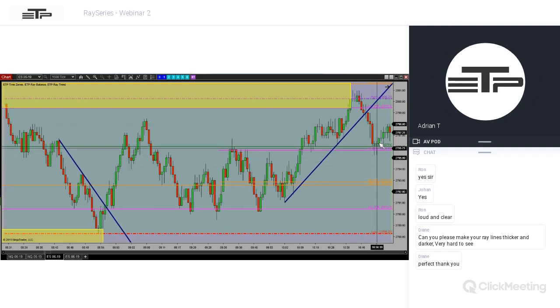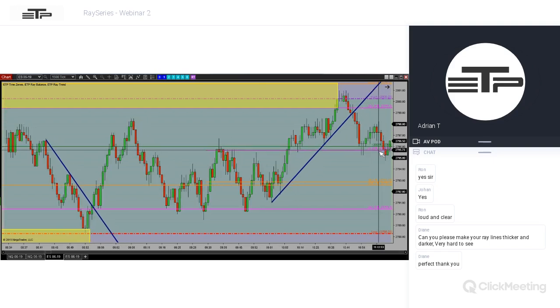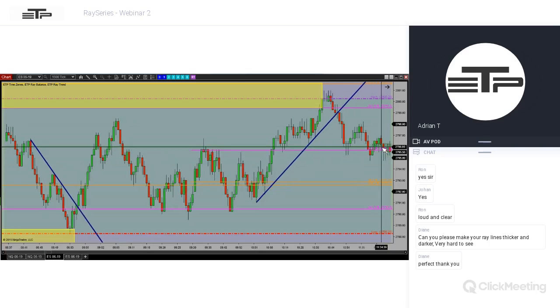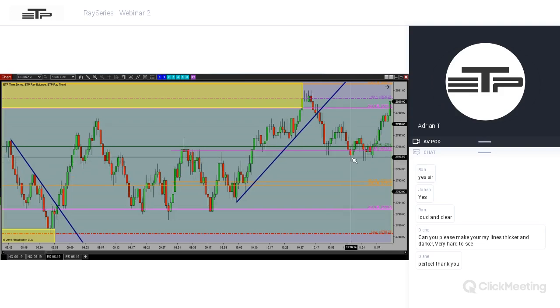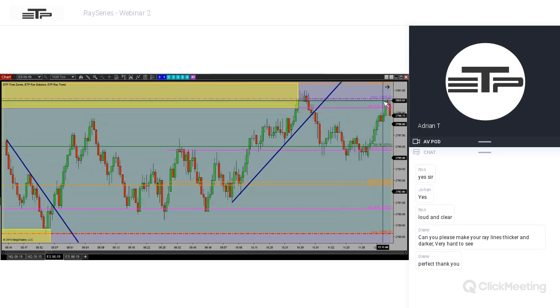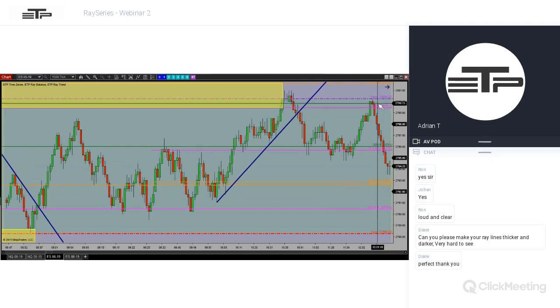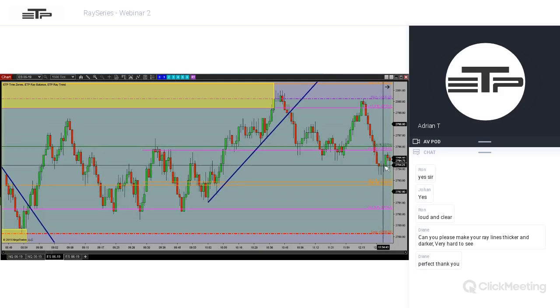As you can see, price is always drawn to the major fibs, bounces off them, plays around a little, comes back up, hits the high of the day, and wow, it drops, and it drops like a stone.